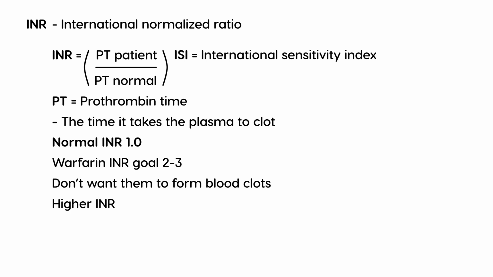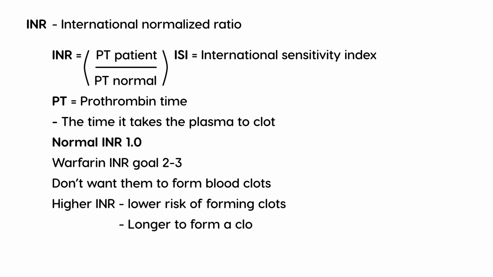The higher the INR, the lower the risk to form a blood clot, essentially because it takes longer to form a blood clot. But because it takes longer to form a blood clot, the higher the INR, the greater the risk of bleeding. So this is a very delicate balance that you're playing, that you're trying to keep it between 2 and 3, and you don't want it to go too high.